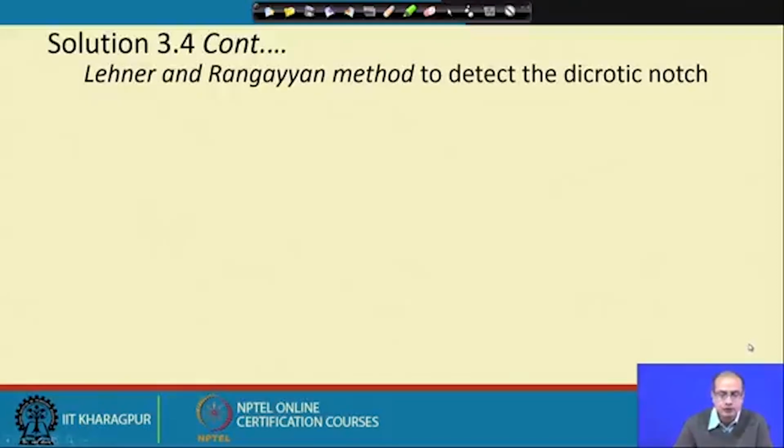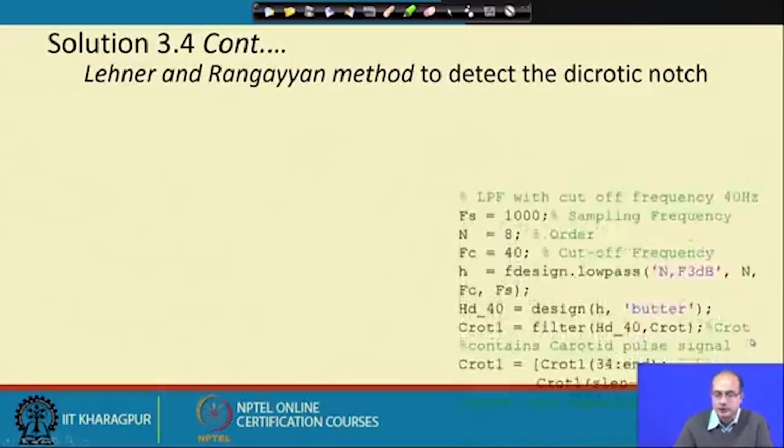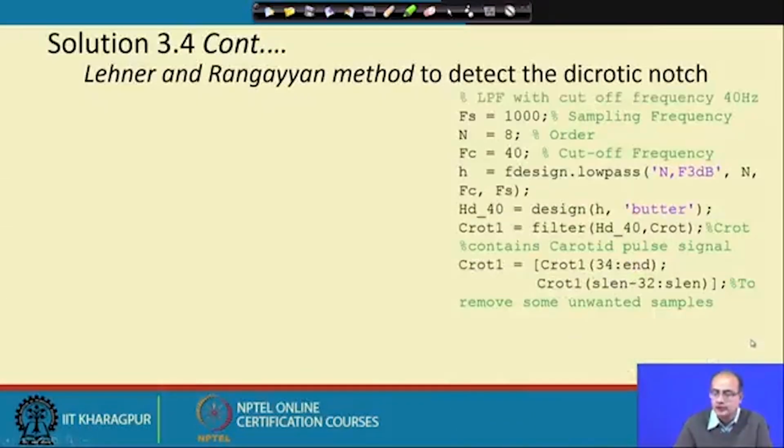Next, we go for the Lehner and Rangayyan method to detect the dicrotic notch. First we remember the inputs we are given: the sampling frequency is 1000, and we have a filter of order 8 and cutoff frequency 40.